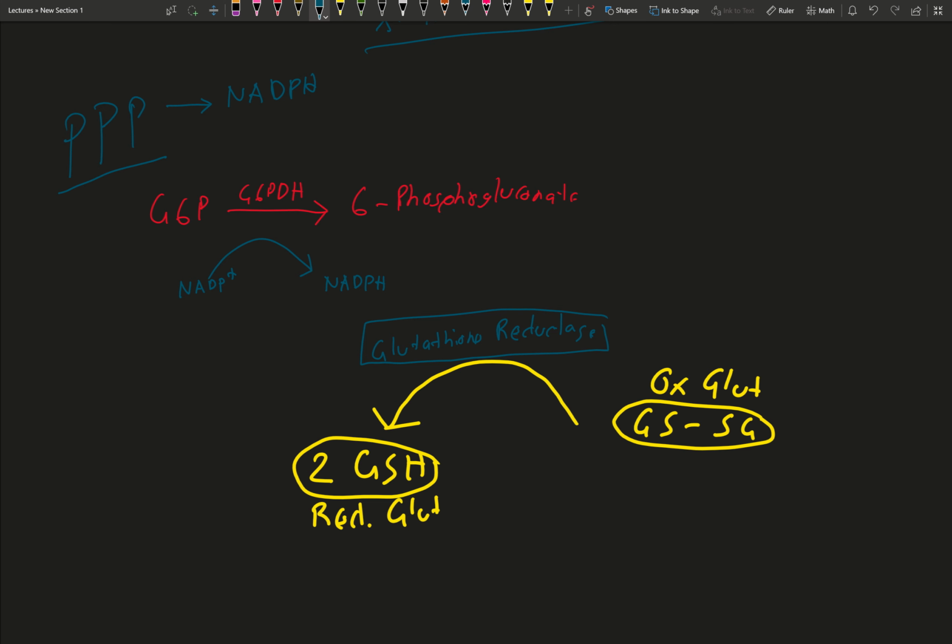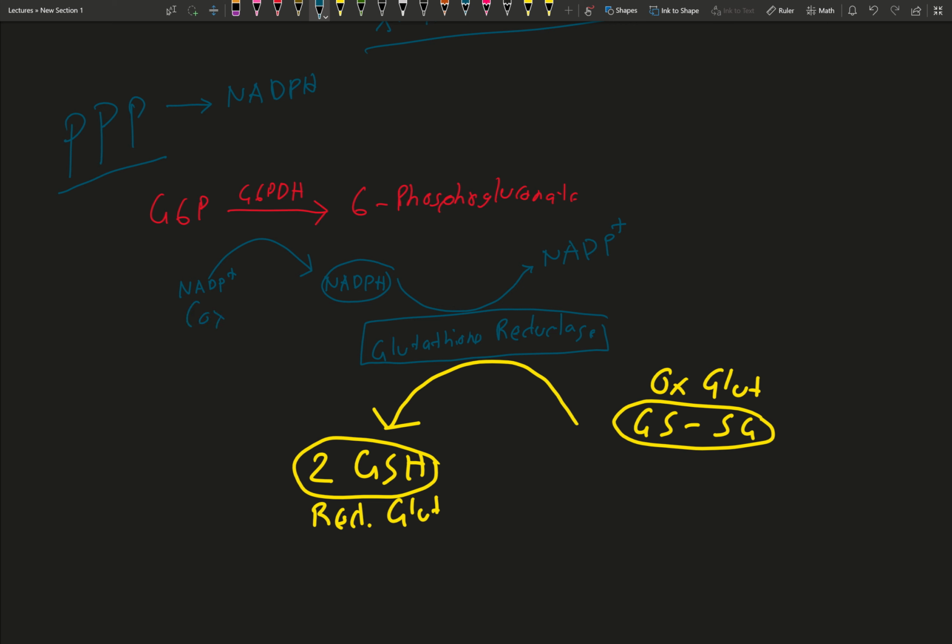Now, as alluded to earlier, this NADPH is required for this enzyme to facilitate this reaction, meaning that this NADPH will be converted into NADP+, the oxidized form.